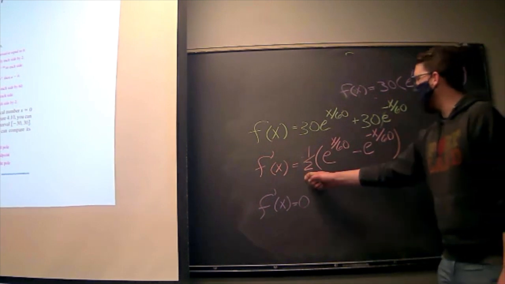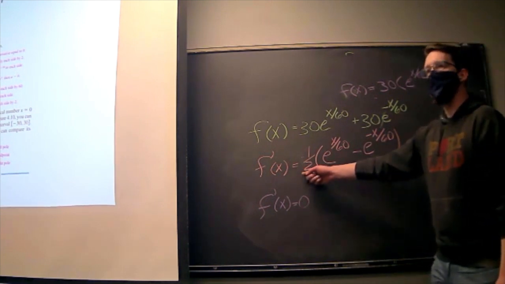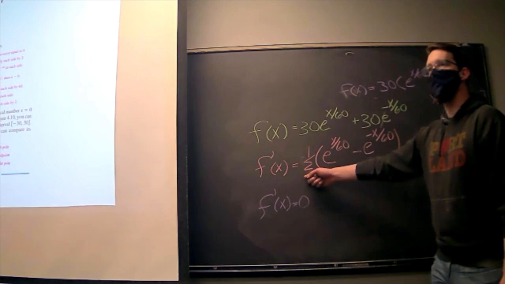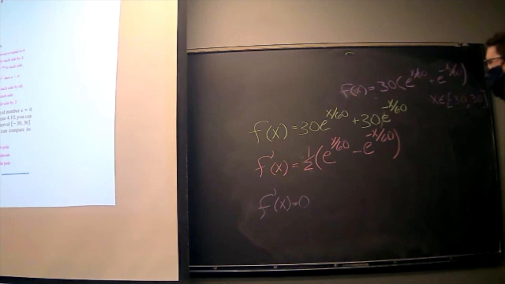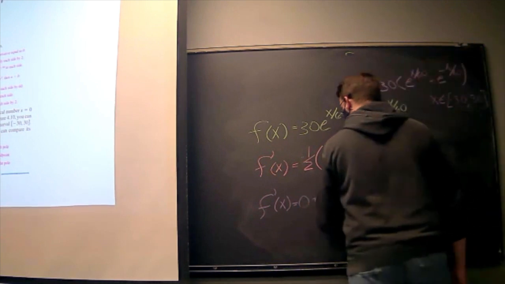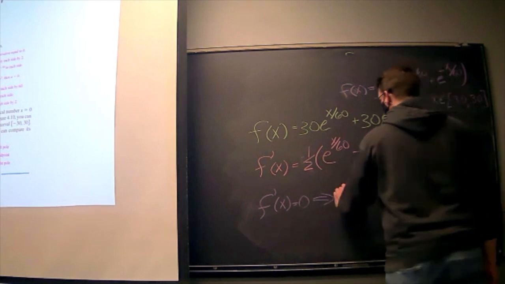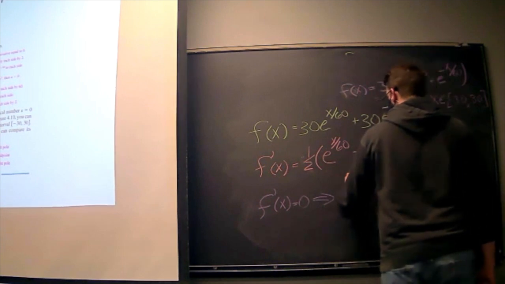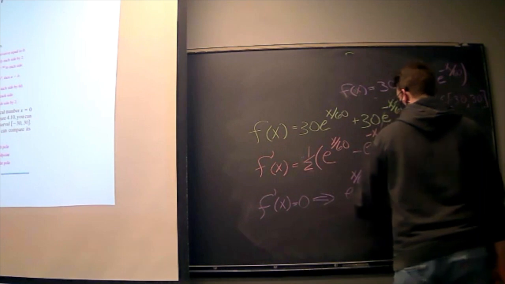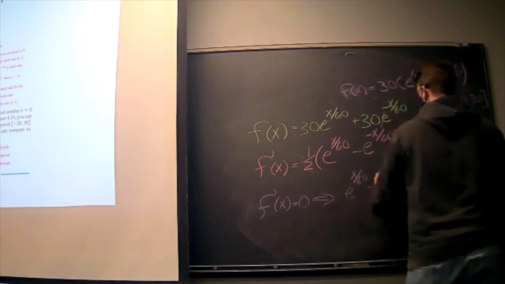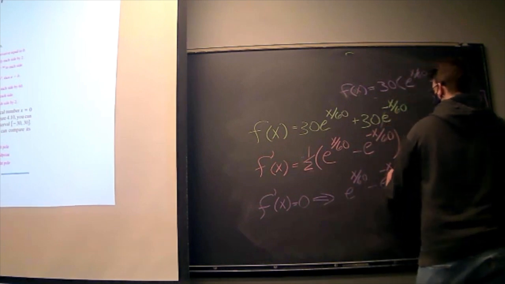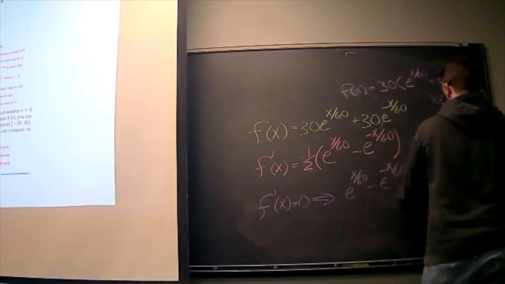Notice when we do, we can multiply both sides by 2 to get rid of our 1/2. Make sense? When we do that, we're going to end up with e to the x over 60 minus e to the negative x over 60 is equal to 0.